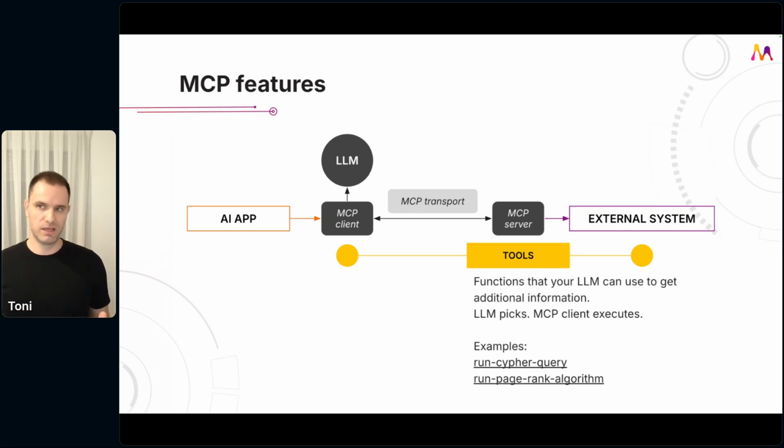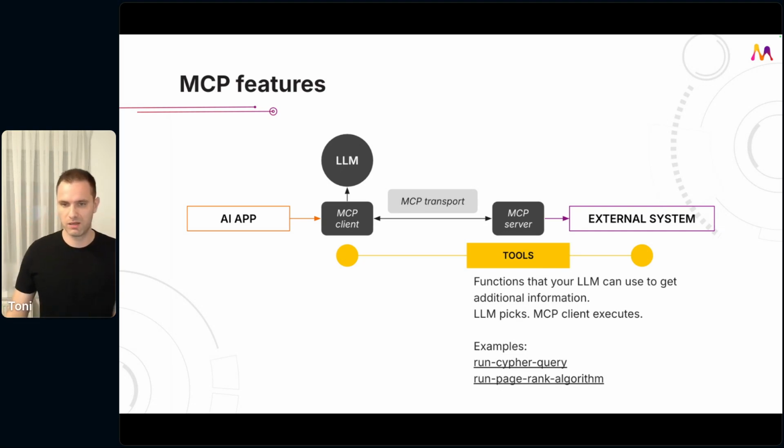For example, in the Memgraph world, the graph database world, it can be run this Cypher query or run this PageRank algorithm. The actual implementation of that is on the MCP server. The MCP server knows how to run a Cypher query and how to run the PageRank algorithm. The LLM is the one that responds, saying: I want to run this Cypher query, or I want to run this PageRank with this input. That's how it all works together.